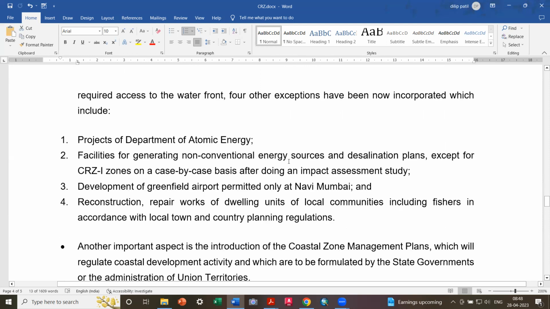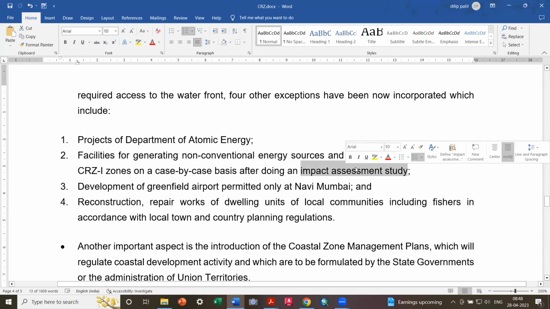Facilities for generating non-conventional energy sources and desalination plants, except for the CRZ zones, on a case-by-case basis after doing an impact assessment study. So, whenever a large project is planned, then an environmental impact assessment report is prepared.